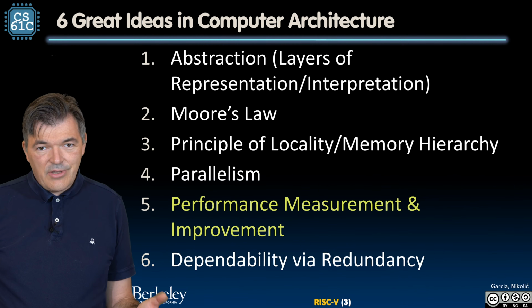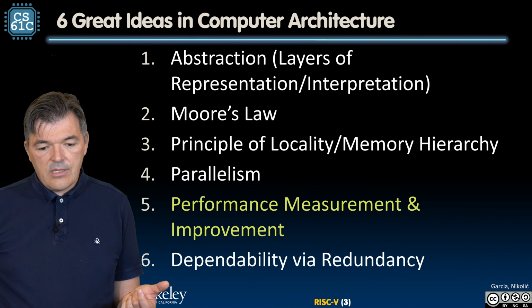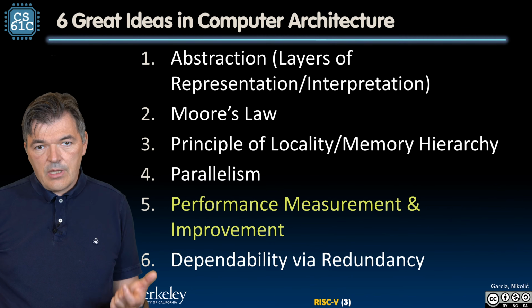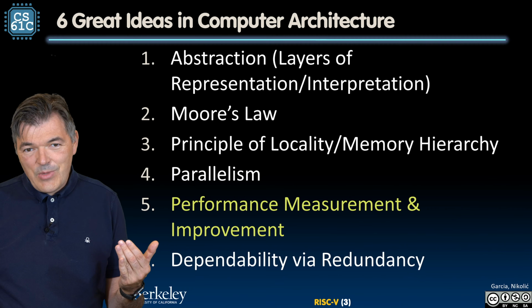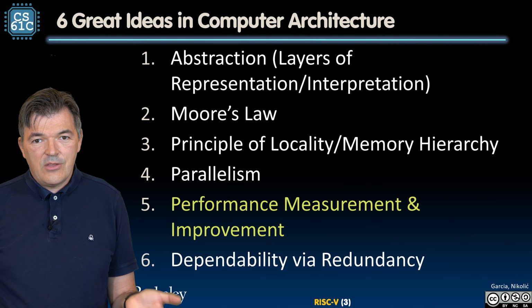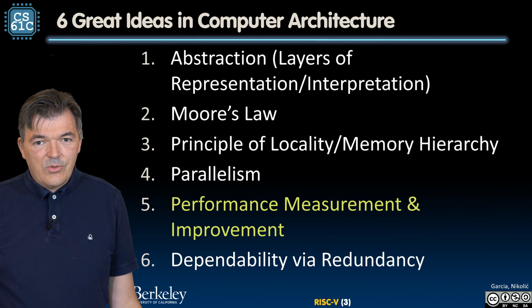We are also introducing one of our 6 great ideas in computer architecture, which is performance measurement and improvement. What we mean by that is we need to know how to measure the performance in order to be able to improve it. So let's get going.